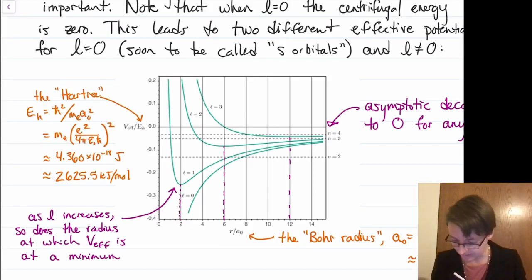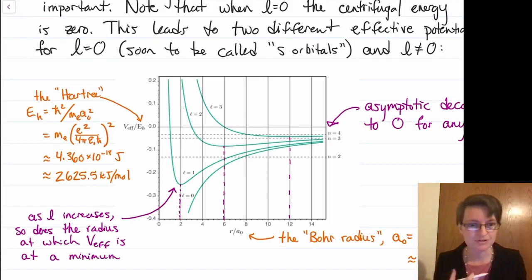And the Hartree is, once again, a bunch of constants that we've seen in today's problem multiplied together. It's a very small amount of joules per particle, or if you want to talk about a mole of energy, then this would be equal to 2,625.5 kilojoules per mole. And so we're going to start to see these ways of expressing energy show up a couple times in this course.